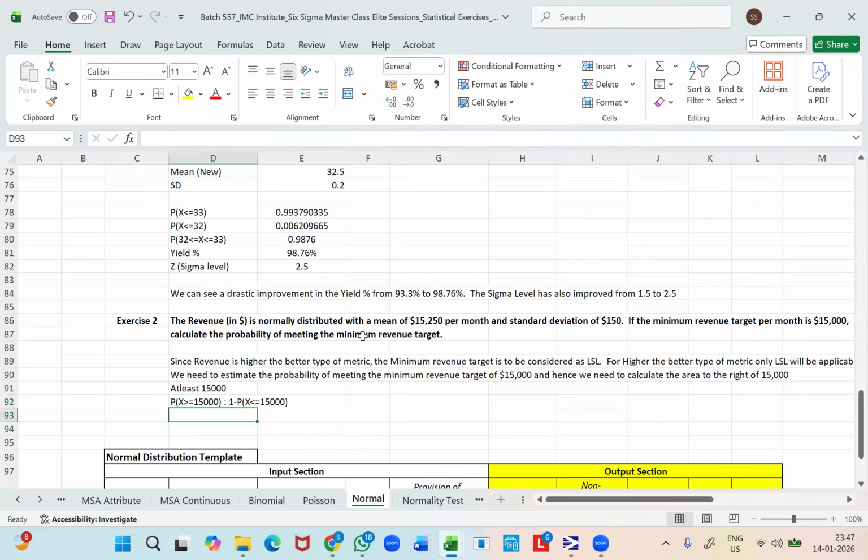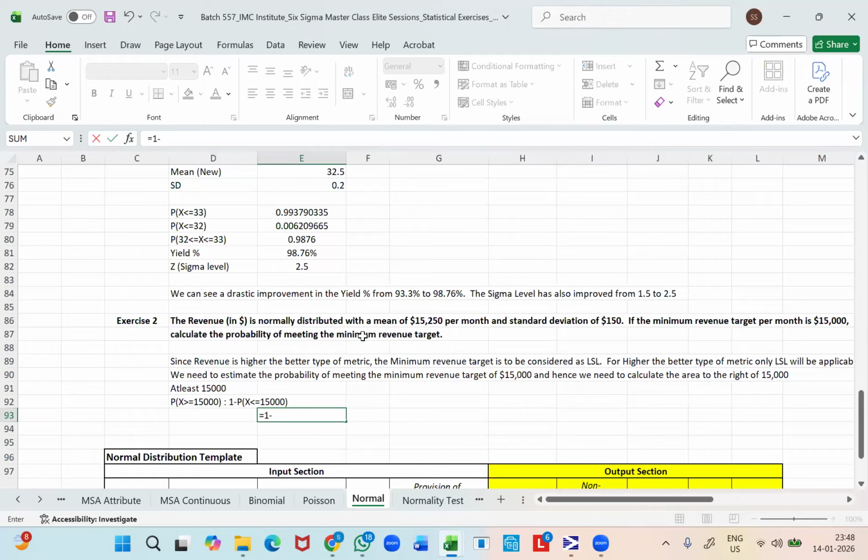One number less than the original value will hold good only for discrete data probability distribution. For continuous data, since it can also take decimal values, P of X greater than or equal to R will be rewritten as 1 minus P of X less than or equal to R. That's it, right? We don't have to subtract one number less than the original value in case of continuous data conversion.